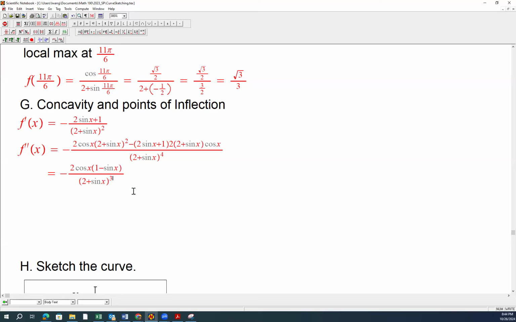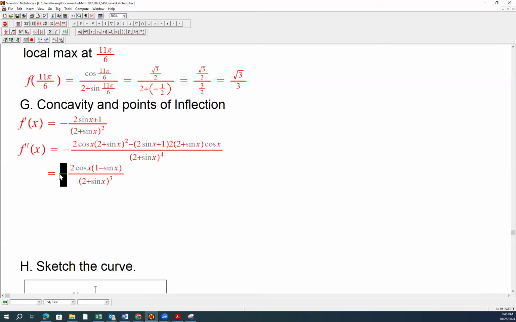And now we have come to this point. We're going to decide the sign of the second order derivative, which will tell us the concavity. Denominator is always positive.